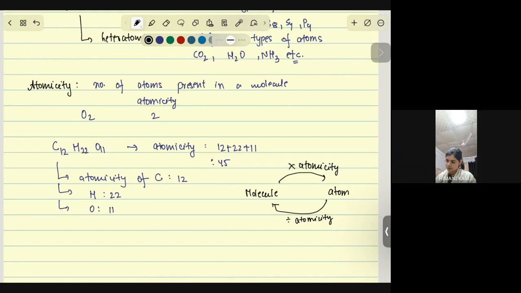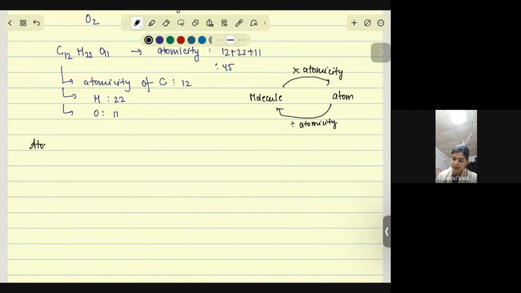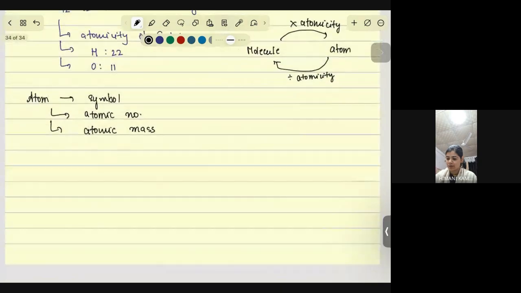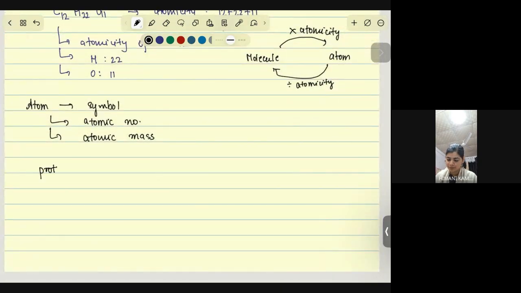So we know in an atom, we have a symbol, atomic number, and atomic mass. And in an atom, we talk about protons, electrons, and neutrons.